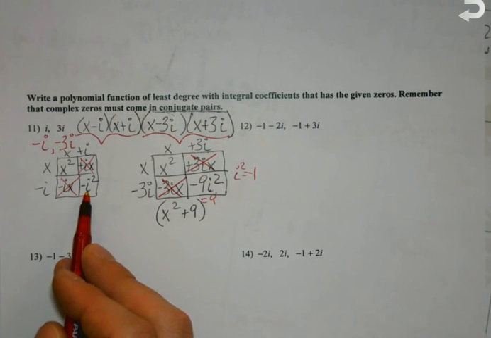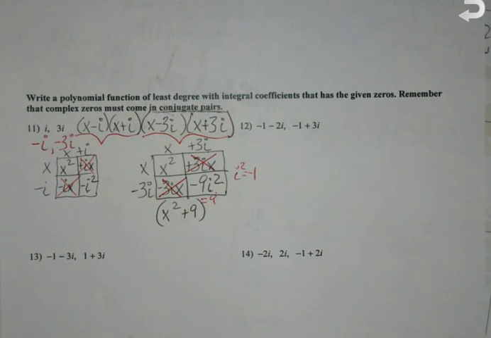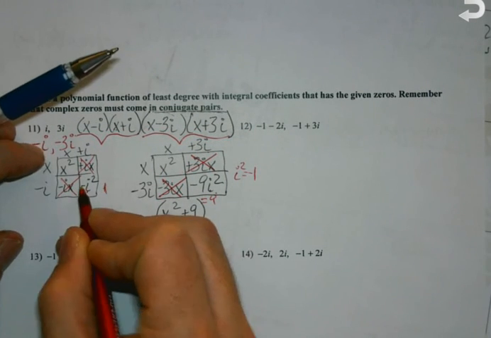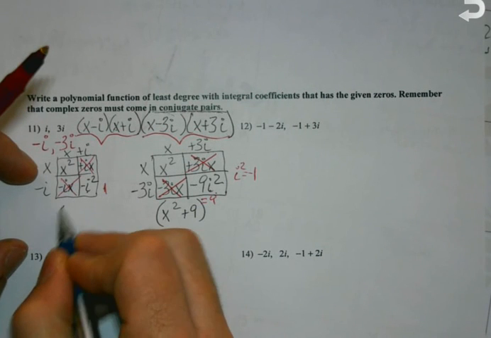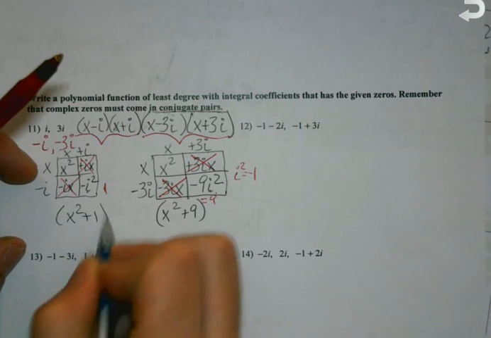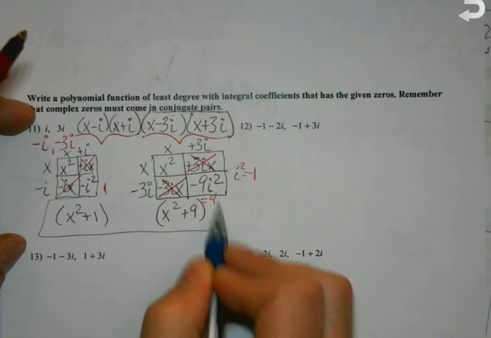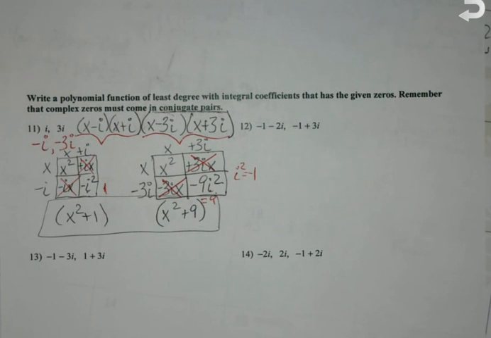And what's my final box in the corner going to turn into? 1. That's the opposite of negative 1. So this is x squared plus 1. And your final job then would be to box those two. Then you're done. So it's actually 3 times I got to do it. But I have 4 zeros, so I have to get something that's a 4th power polynomial.